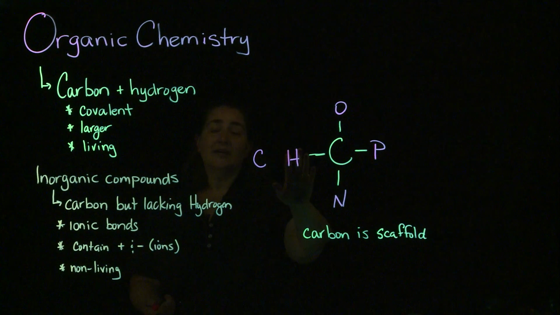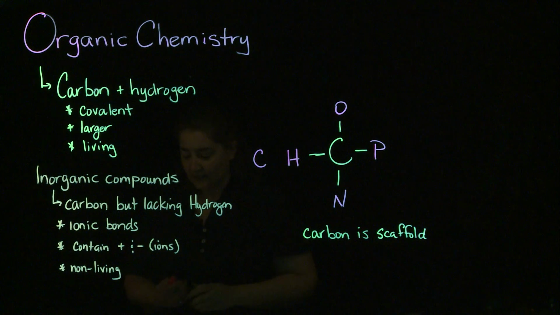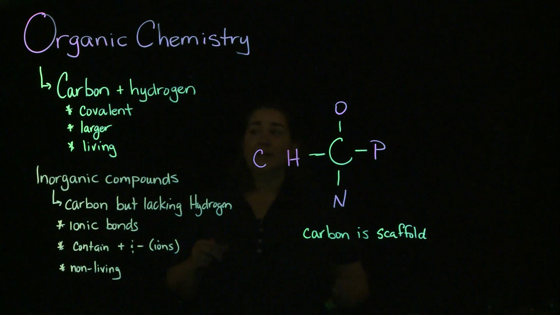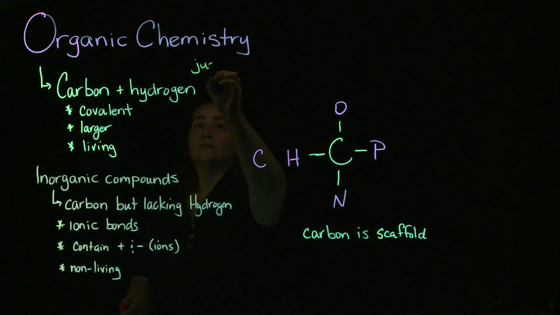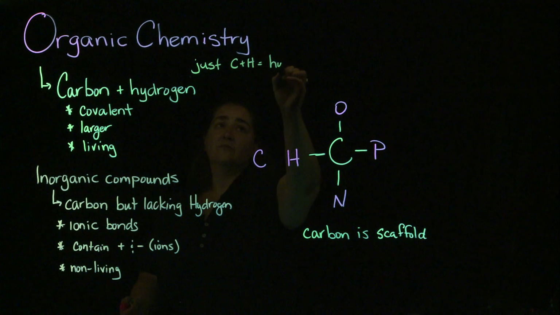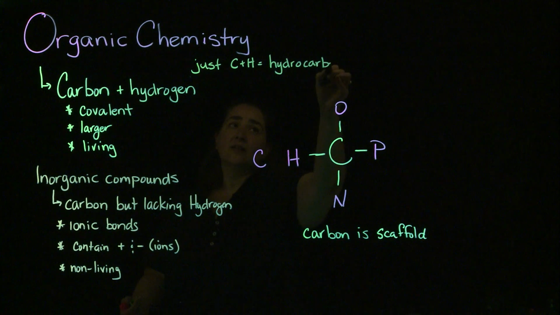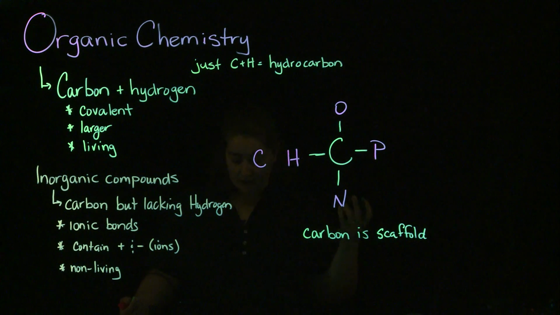We've got carbon and hydrogen. That's going to make it organic. If it's organic, it's associated with living, okay? If we have just carbon and hydrogen, this is going to be classified as a hydrocarbon, okay? Hydrocarbons are a lot of your flammable materials like propane.